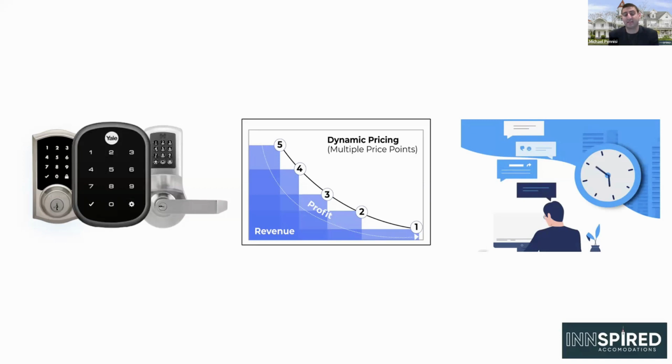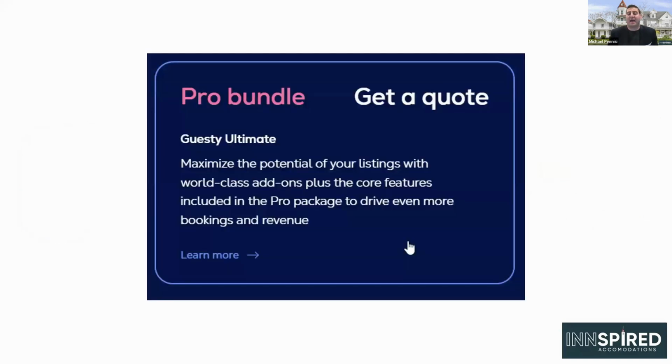But then Guesty launched the bundle package that they call Guesty Ultimate. And we realized that it was actually more expensive and more difficult for us to remain with the partners that we were working with.